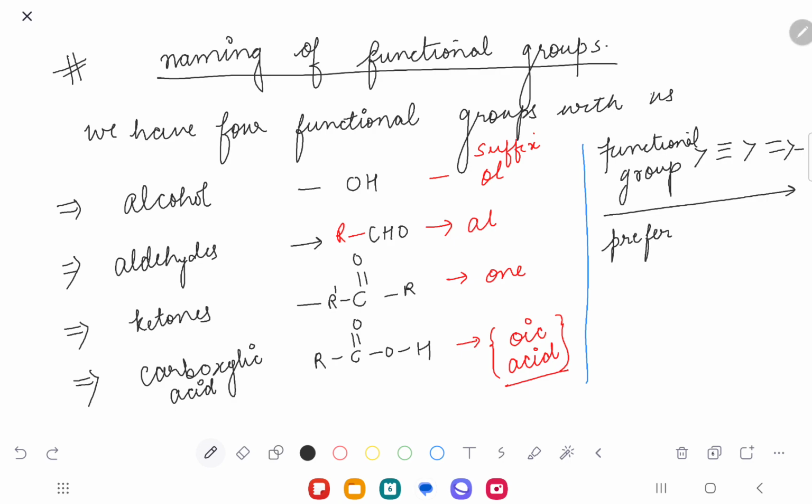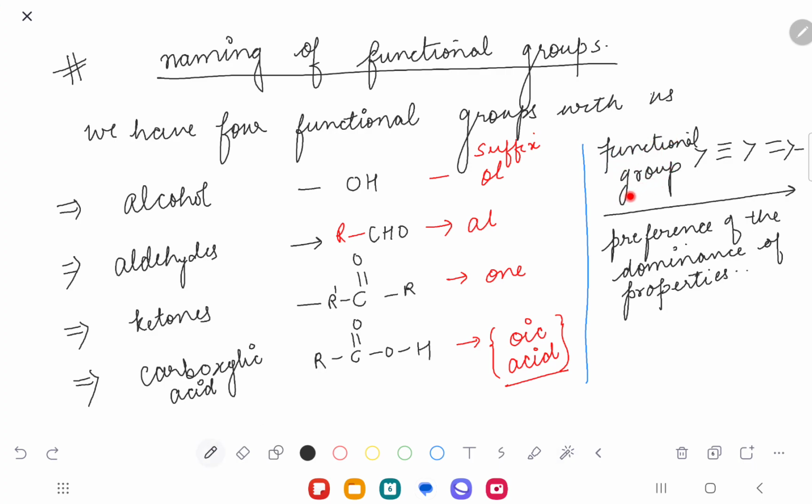So the preference is of the dominance of properties. And whosoever's properties would be depicted will have the last suffix.